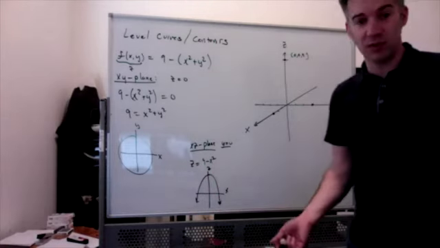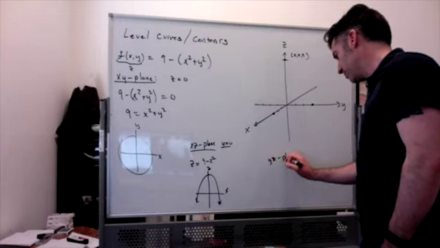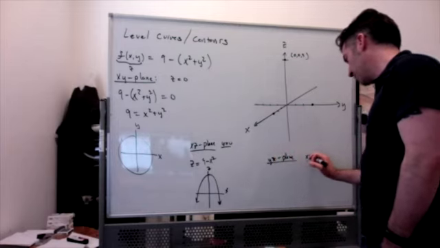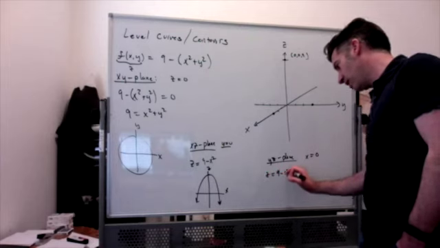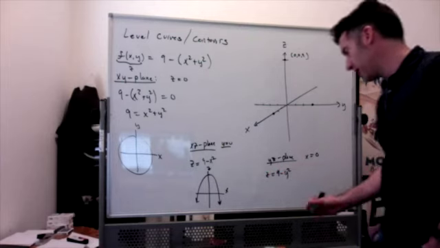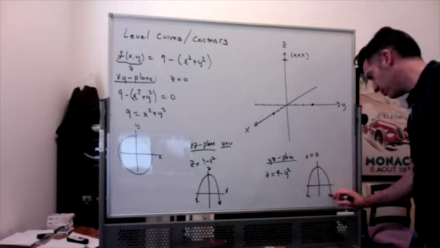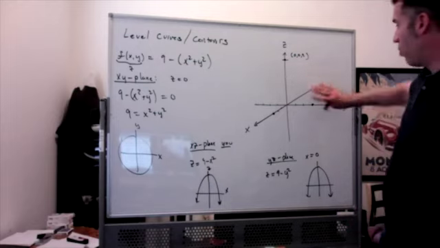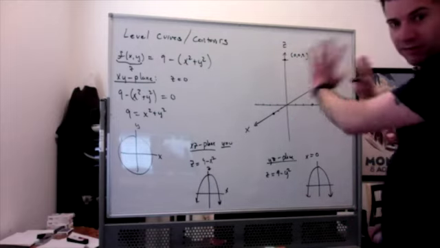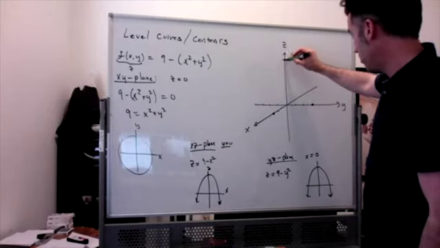And then I get the same sort of thing in the yz plane. In the yz plane, I'm setting x equal to 0, and I'm getting z equal to 9 minus y squared, which again is the same sort of downward opening parabola. So here's how I'm actually graphing this. In my yz plane, which I'm thinking of as the flat plane against the board, I've got this downward opening parabola.